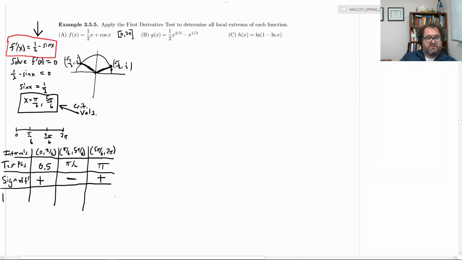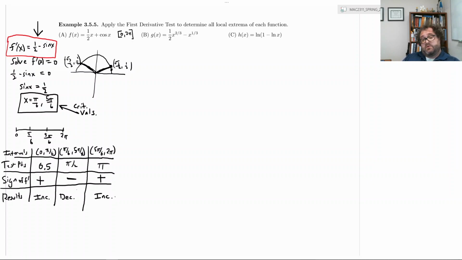So what are the results? Where the derivative is positive, increasing. So we're increasing over those intervals. Where the derivative is negative, decreasing. So we're decreasing in the middle. Okay, so what does the first derivative test tell us?